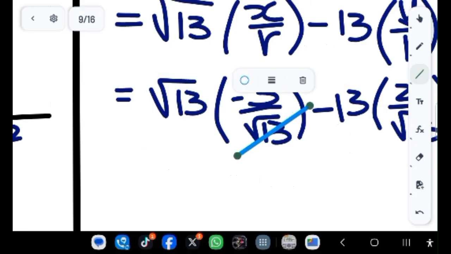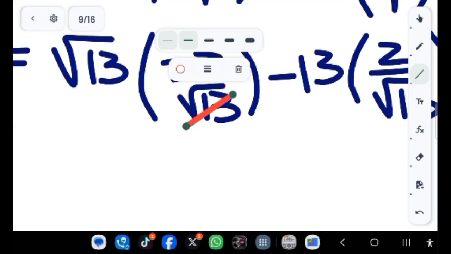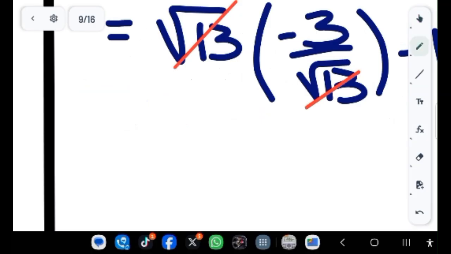Now these two cancel each other out. We are left with negative 3 over here.